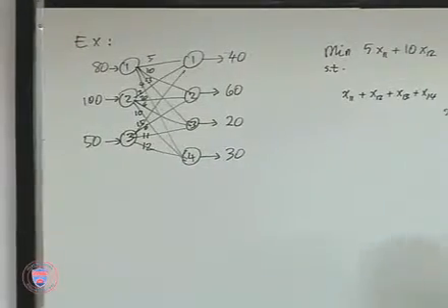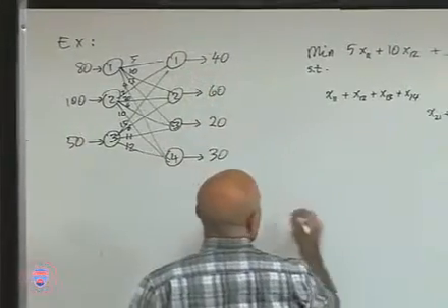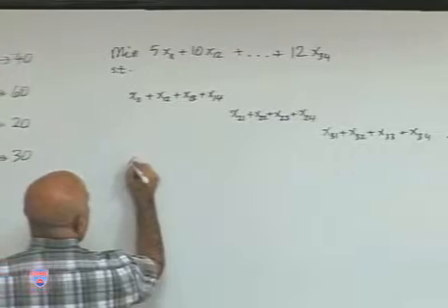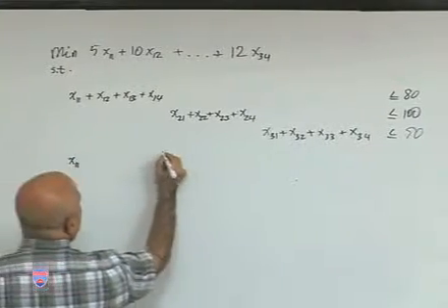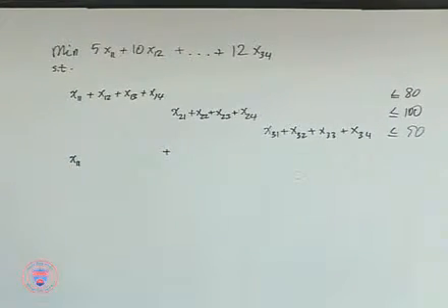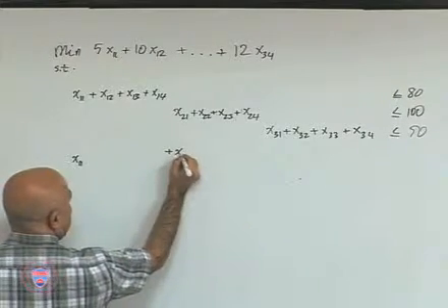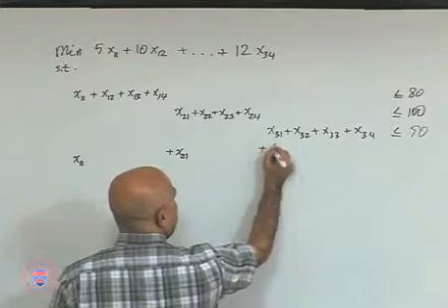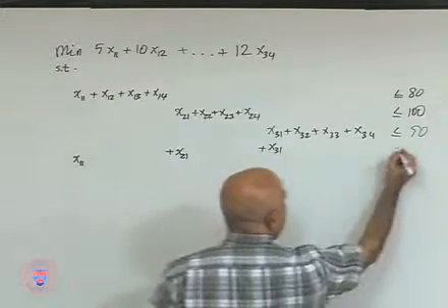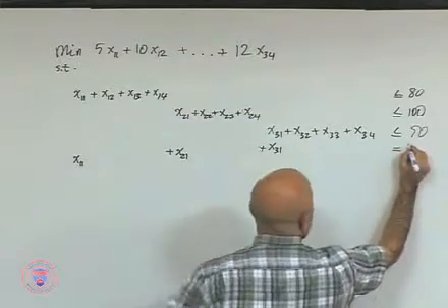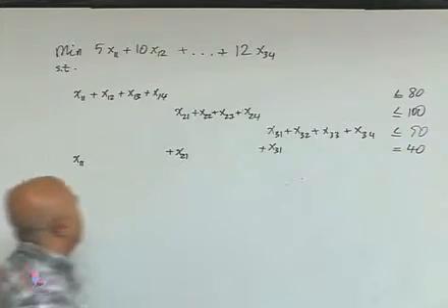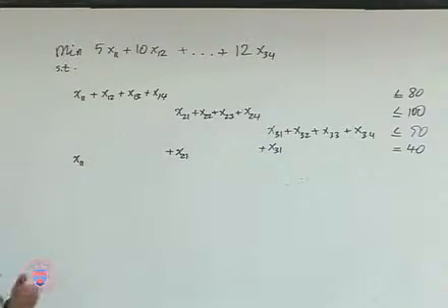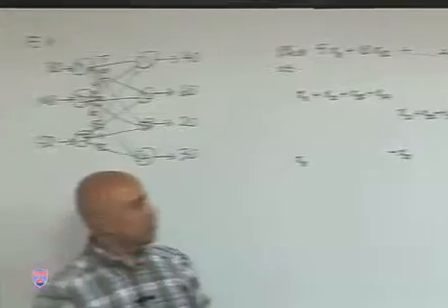And then what goes into sink number 1 is x11 coming from the first source, x21 coming from the second source, and x31 coming from the third source. That should be equal to 40. Why am I writing these down in this structured fashion?